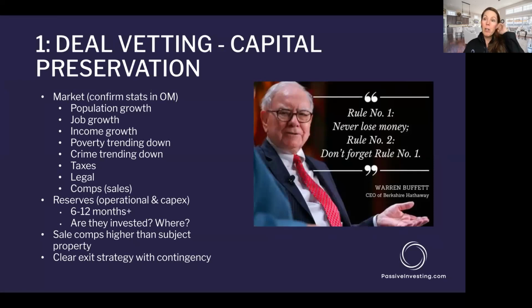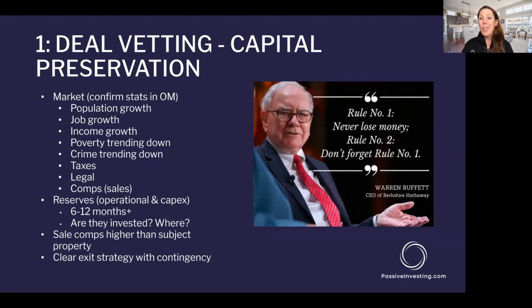is, number one, I want to understand that market. I want to confirm those stats in the offering memorandum, all those things that we just talked about in the market screening. I want to understand those, and I want to confirm that data. So I'm going to go really quick to niche.com or citydata.gov, and make sure that data aligns with what I'm currently seeing published.